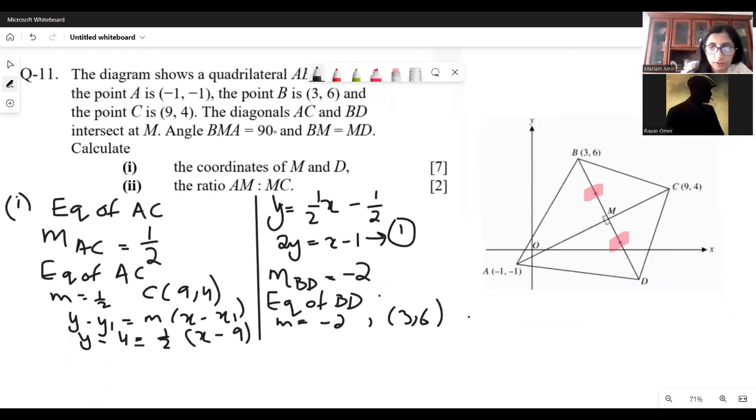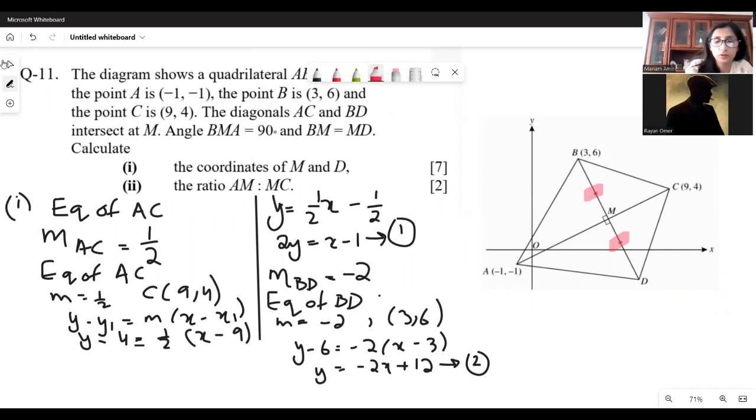Okay, let me just quickly check. y equals minus 2x plus 12. Correct. Okay, equation 2. Now find the point of intersection, coordinates of M.